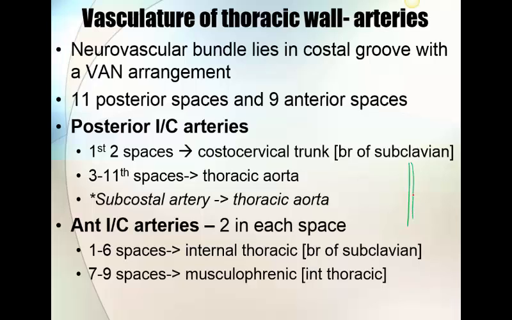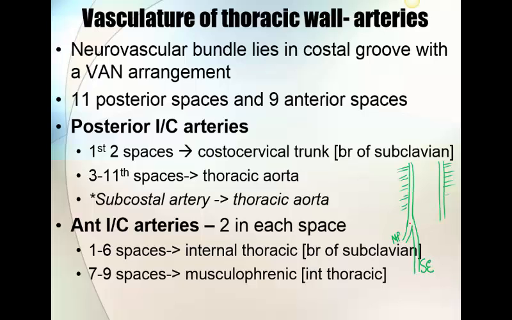An internal thoracic artery of both sides gives off anterior intercostal arteries to the first 6 spaces, this one for the left side. And then this divides into musculophrenic and an artery which goes down, which is called superior epigastric, and this one is called musculophrenic.